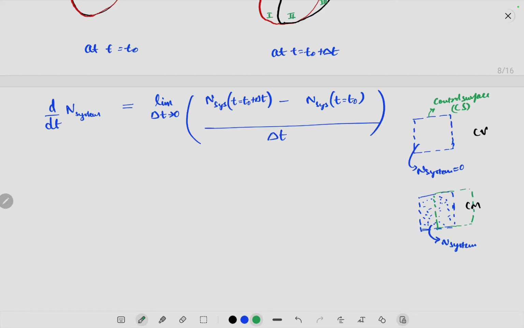In that case, what will be the N system inside my control volume? It would simply be N system by 2, right? I hope the understanding of control mass, control volume, and N system inside them is clear to you.